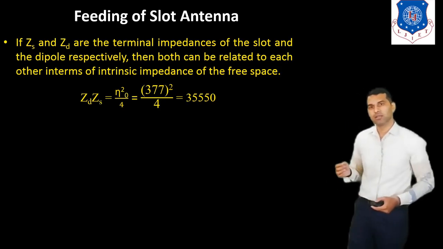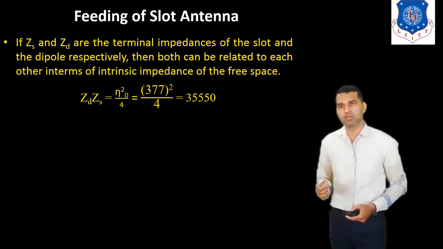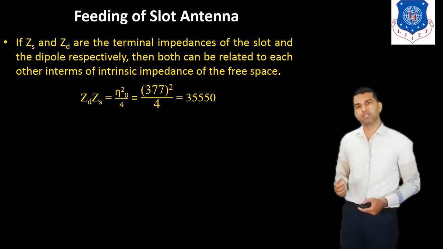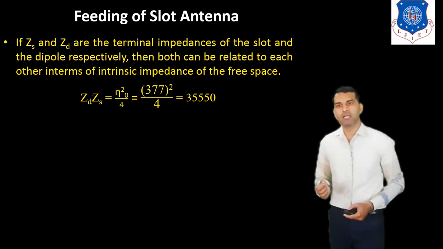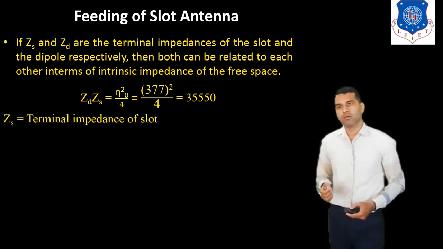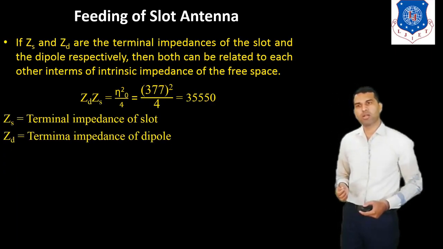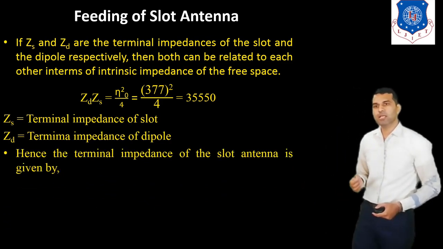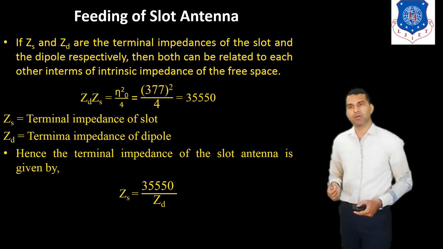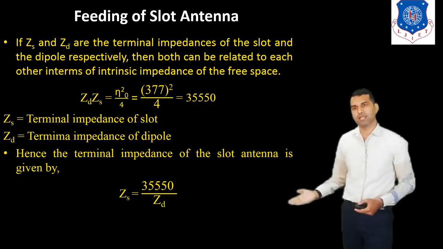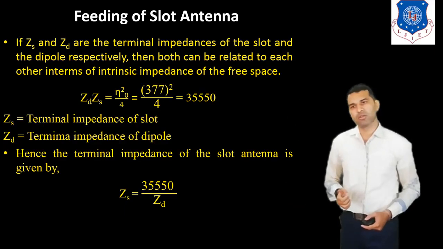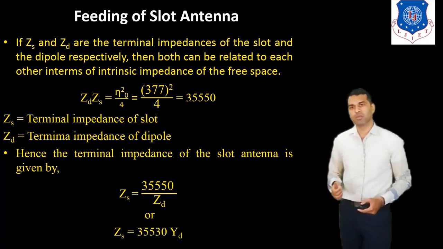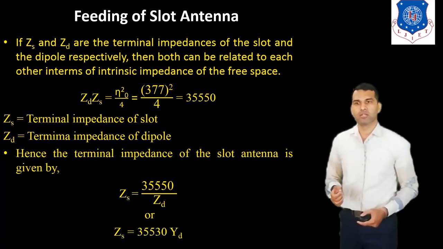So we can write ZD into ZS equals eta square by 4, and we know that eta is 377 ohm, and squaring it we get 35,500, where ZS is the terminal impedance of the slot and ZD indicates the terminal impedance of the dipole. Hence the terminal impedance of the slot antenna is given by ZS equals 35,500 by ZD, or we can also write ZS equals 35,500 into YD.